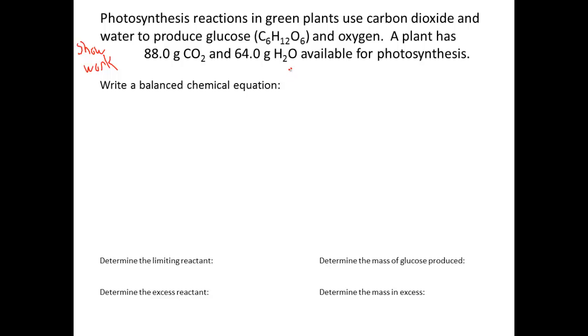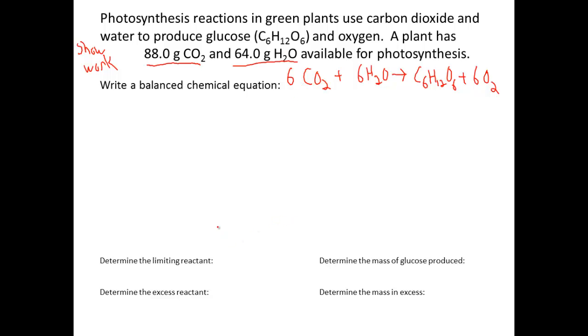So, balanced chemical equation, 6 carbon dioxides plus 6 waters will produce 1 sugar, glucose, and 6 oxygens. Now, as you work through this problem, 88 grams of carbon dioxide and 64 grams of water are available for this reaction.